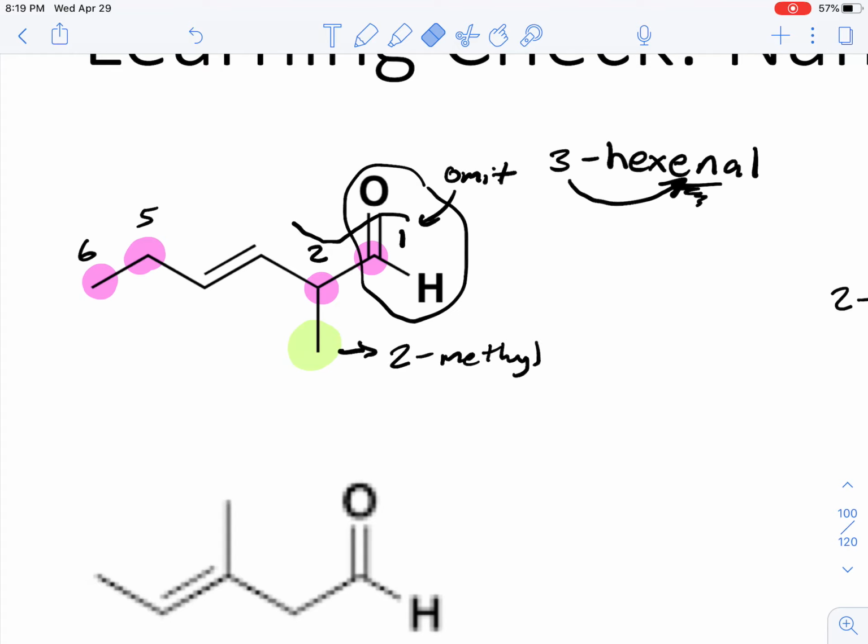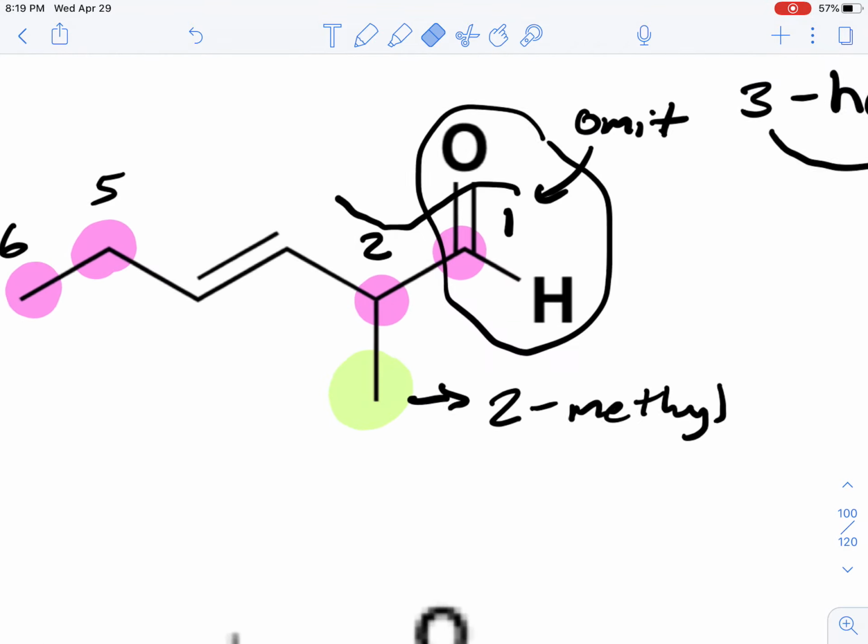And when you are naming your organic compound and trying to apply cis and trans, you want to make sure that there is a hydrogen on the 2 carbons that are involved in that double bond.